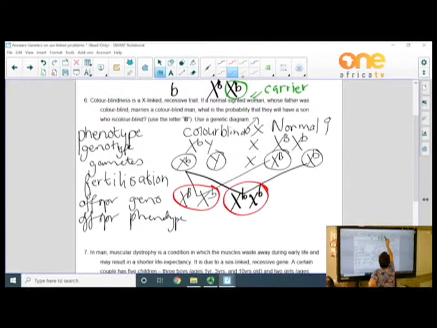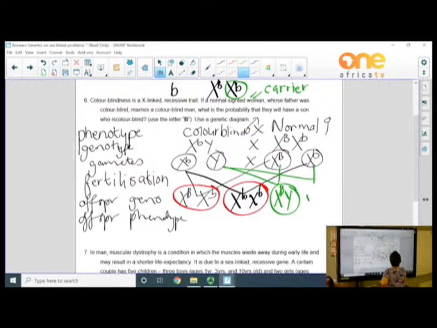Then I have a Y, so that will be an XB and a Y, and there will be an XB and a Y, which will be the males.